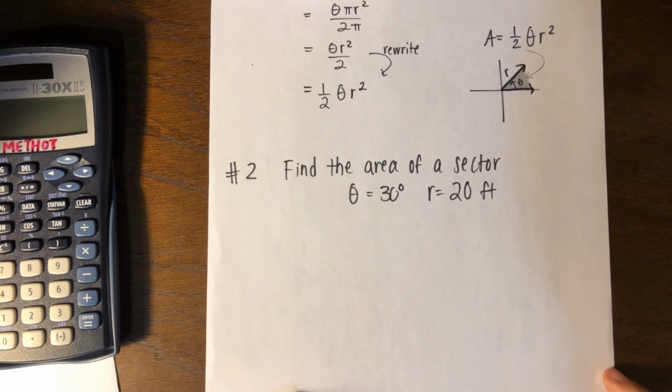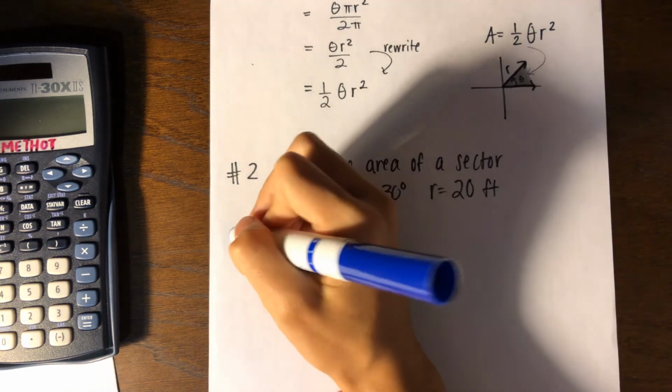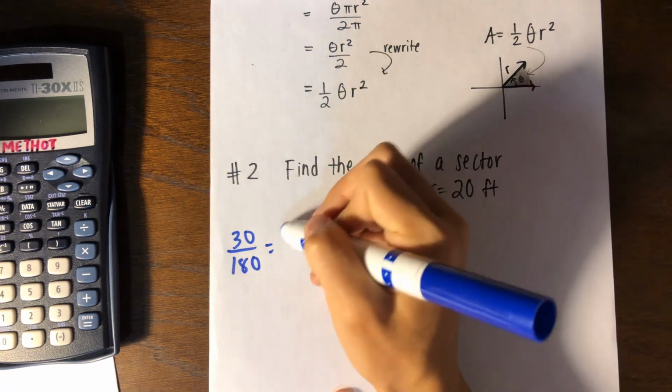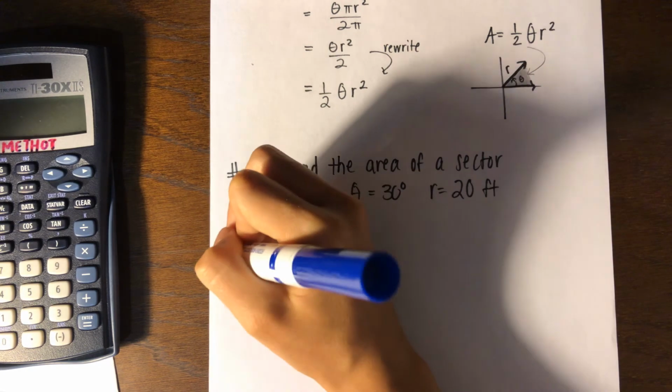Remember, theta must be in radians. So this is our last question for today. We're given theta in degrees, not radians. So first step is we're going to have to convert that. Next, we're given radius is 20 feet. So all we have to do is do what we were doing before in the last question. I'm given my formula, but first thing I need to do is convert. So I have 30 over 180 is equal to my theta radian over pi, times pi on both sides.